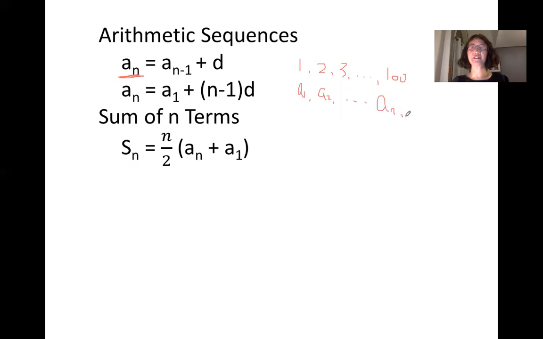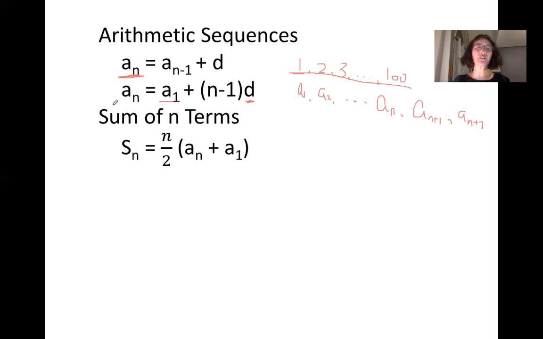After An, you have An plus 1, then An plus 2. So you understand the notation of An. It is just a general term for this sequence. A1 always represents the first number in the sequence, and d is the common difference.